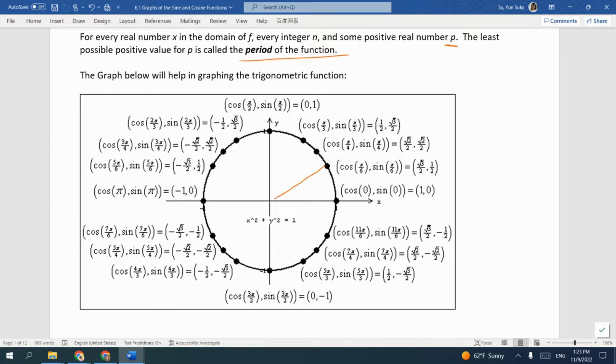For example, this point is pi over 6. In the unit circle, (x, y) equals (cosine theta, sine theta). So that's why the x coordinate is the cosine of that angle. See, cosine pi over 6 is root 3 over 2, and sine pi over 6 is 1/2. Okay, everybody?